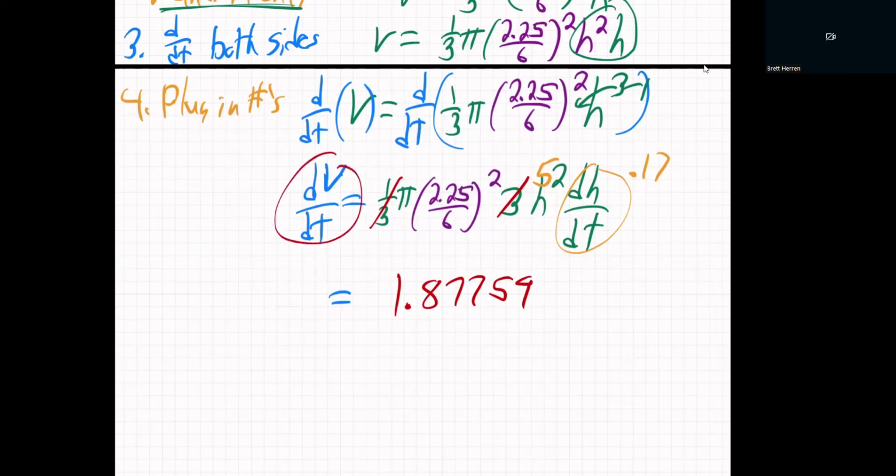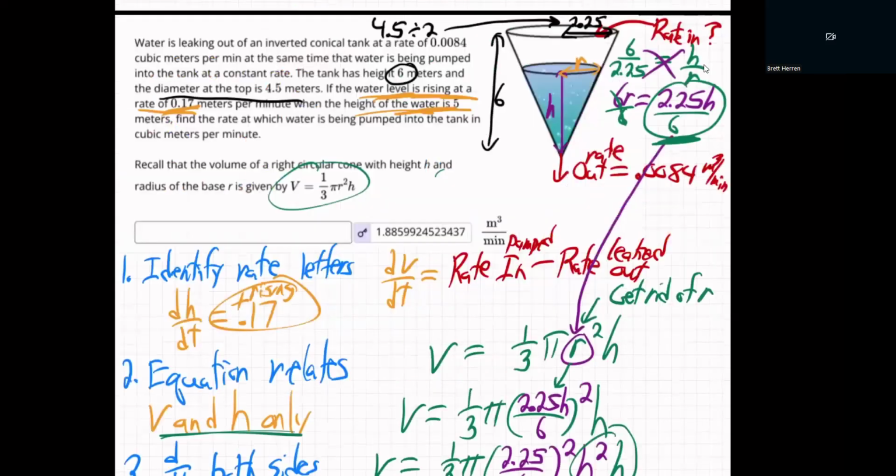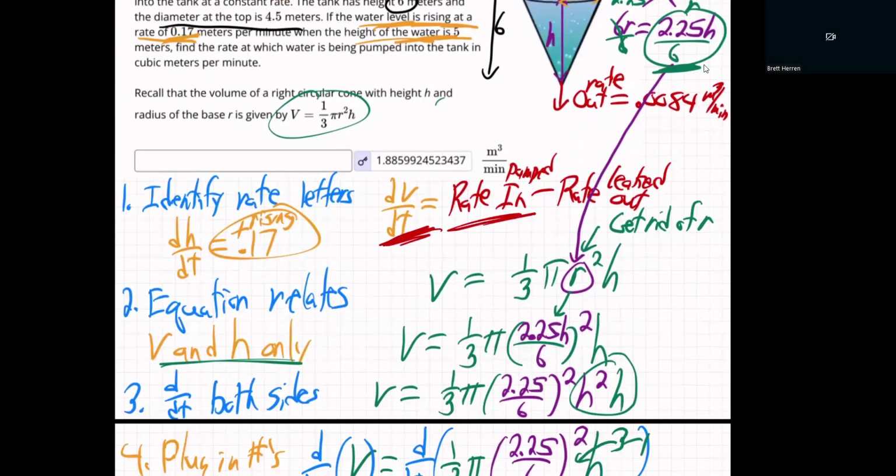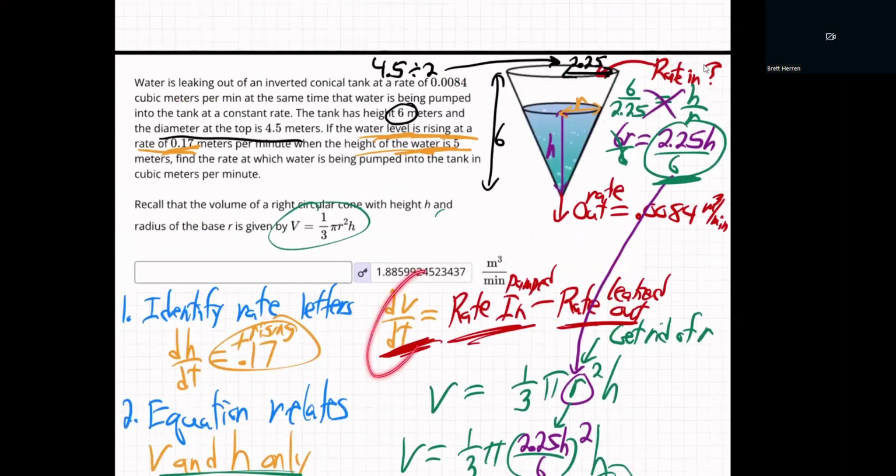Okay, now here's where I pull a trick. What is dV/dt? Well, remember up above we observed that dV/dt is rate in minus rate out, right? That's how you track a change in the total volume of water in the cone. How fast the water's coming in minus how fast it's going out.